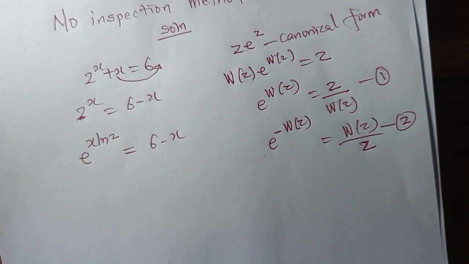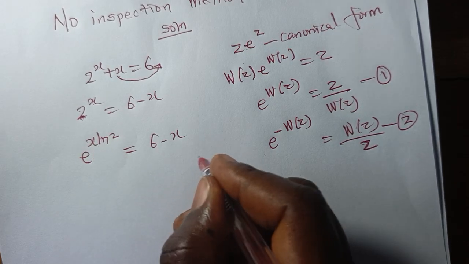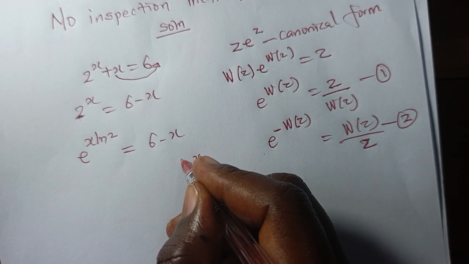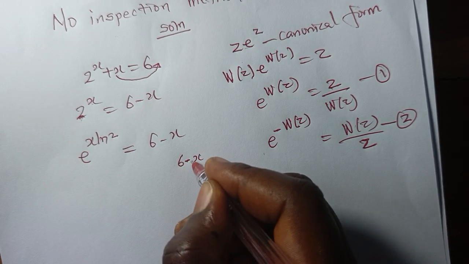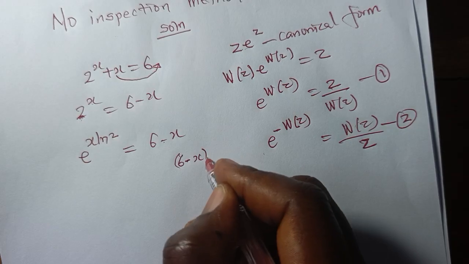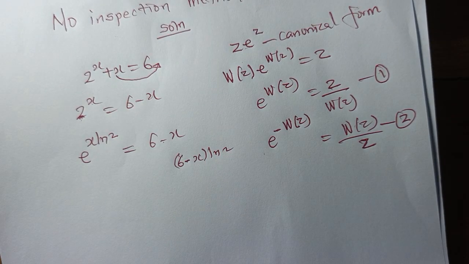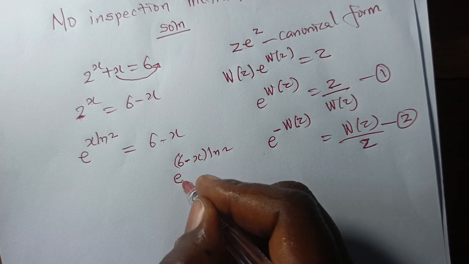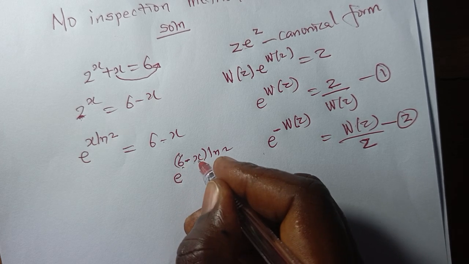Now how do we go about it? When you look at this, consider s, so you have to take s from 6, we are going to obtain this. But here we are having ln 2. It's a matter of multiplying by ln 2. That means what we need to multiply by will now be, so we raise this to e raised to power 6 minus x ln 2 now.